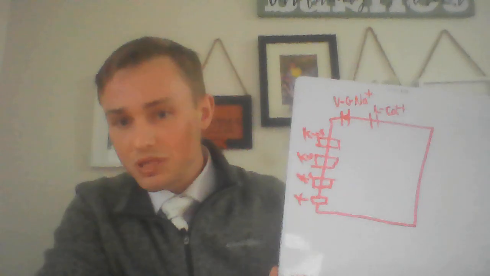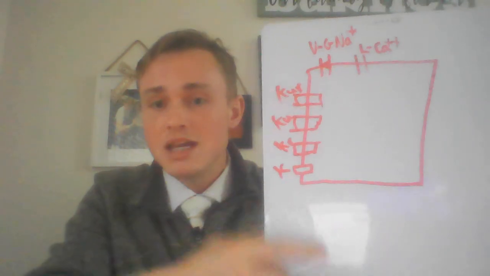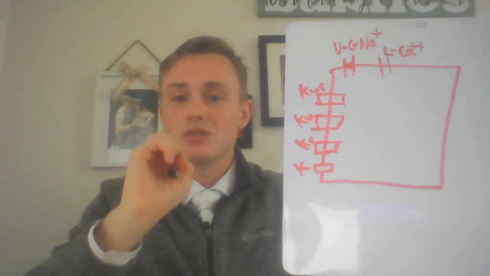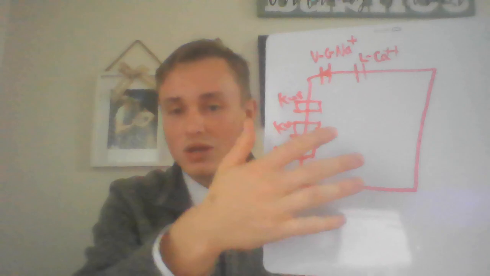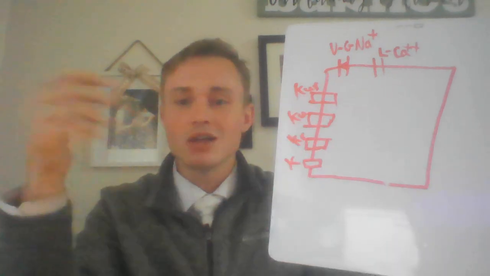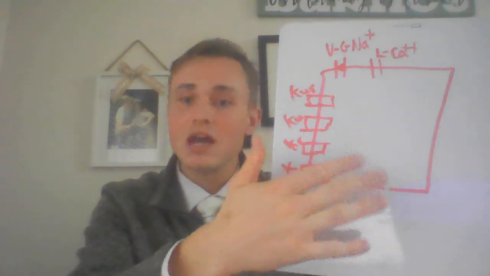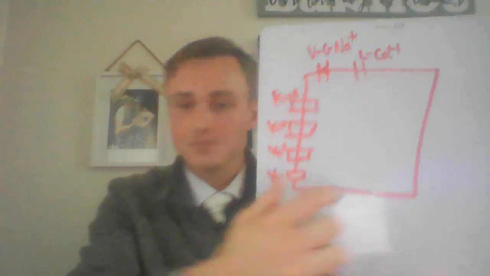And the biggest reason for that is because we have all of these different potassium channels that act a little bit differently, but what they do is allow potassium to go through our membrane really easily. So we get a lot of potassium just leaking out, and since potassium is a positive charge, every time one potassium leaks out, it leaves a negative charge behind, which is why it's so negative in there.